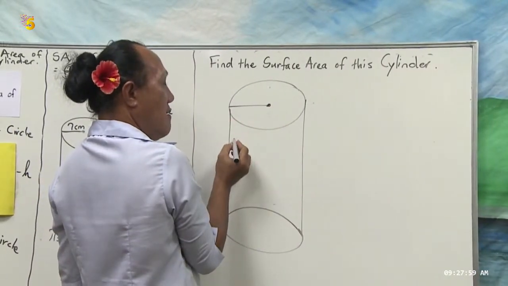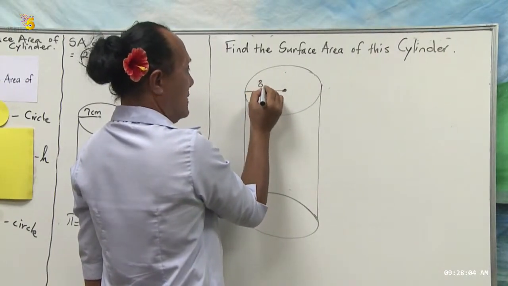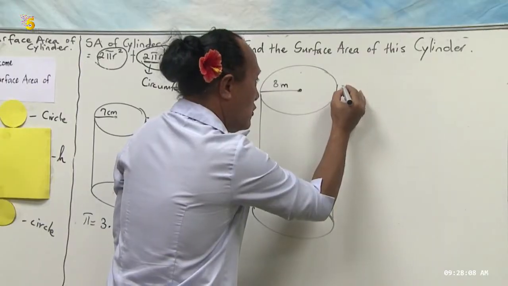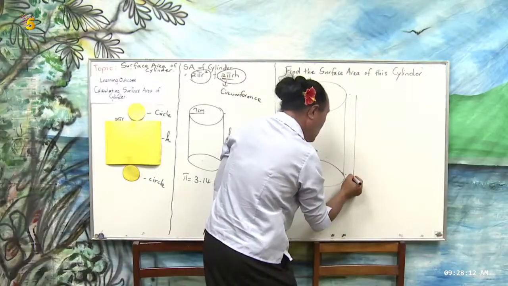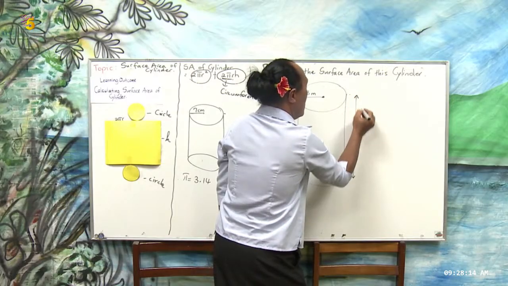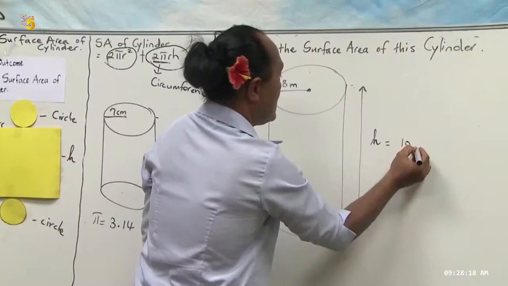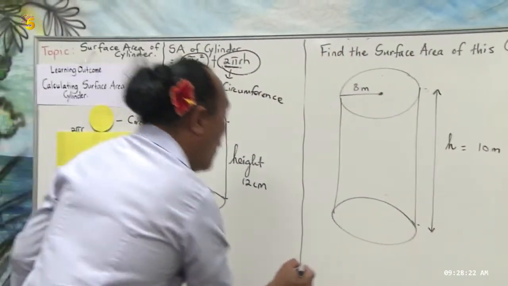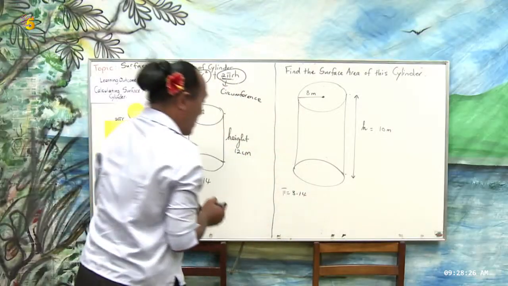Our radius here is say 8 meter. And what do we call this side? This is the height. Very good. The height is equal to, let's say, 10 meter. Okay. And our pi is equal to 3.14.